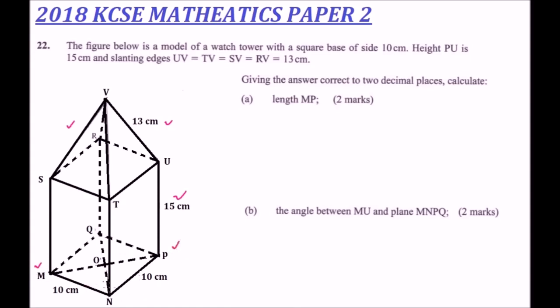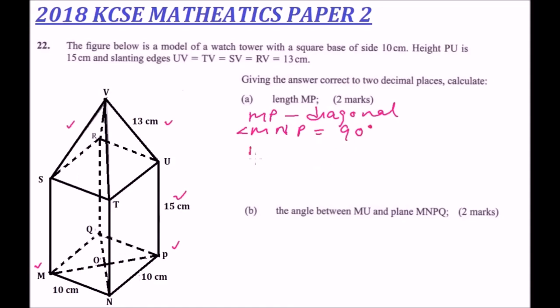Since the base is a square, MP is a diagonal, and so angle MNP is equal to 90 degrees. Therefore, we can use the Pythagoras theorem to get MP.